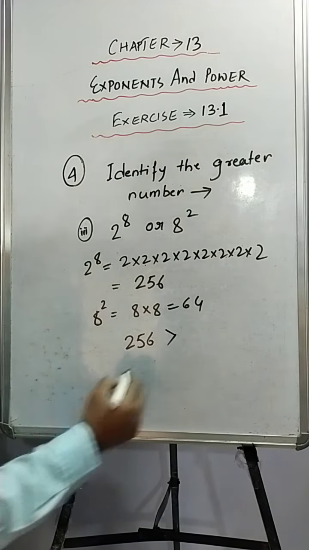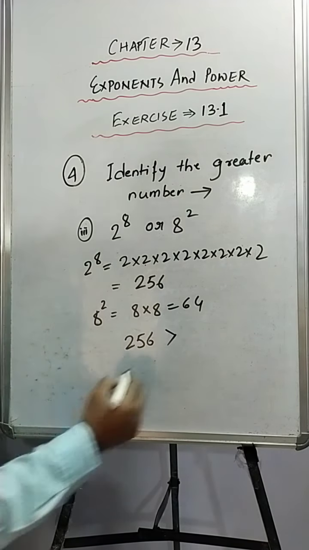And what about this one? 10 to the power 2 is what? 10 into 10, that is only 100. So 1024 is greater than 100. Okay, and 1024 we are getting from which number? That is 2 to the power 10. Fine. So 2 to the power 10 is greater than 10 to the power 2.